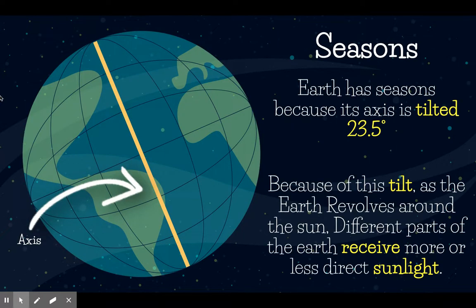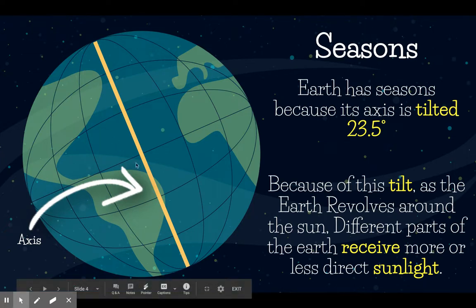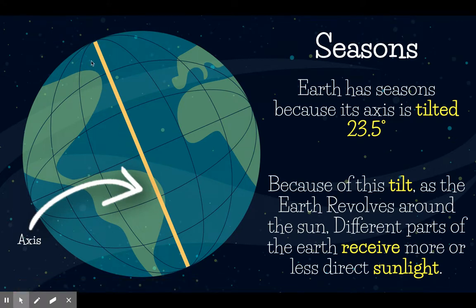Now notice that the axis of the Earth, which is this yellow line running north to south, up and down, it's not a straight up and down line. It's tilted.